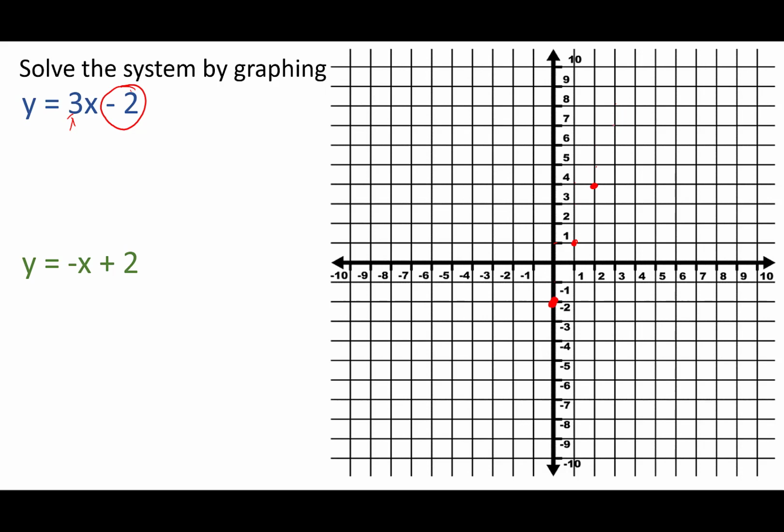I need it to be one higher, there we go. Just to make sure I've got enough points to draw my line. All right, so then I draw my line through the points.